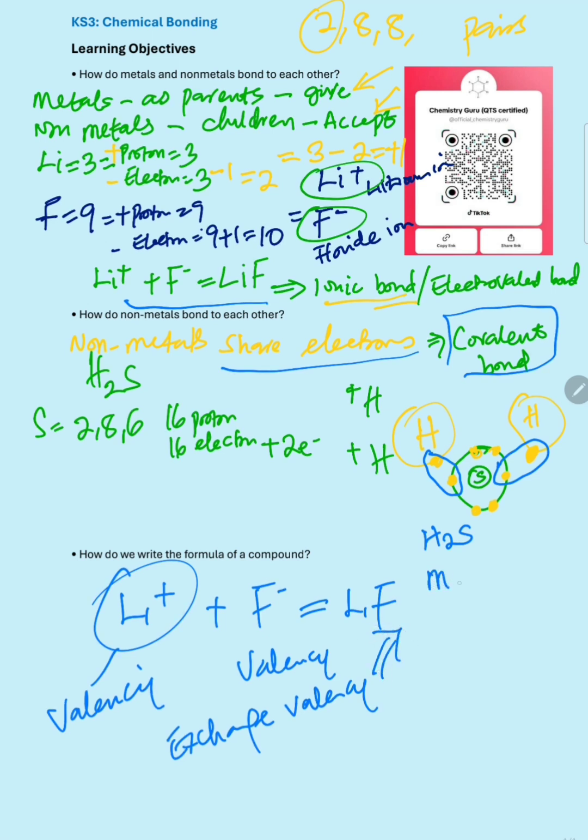So if we have, for example, magnesium and chlorine ion coming together, they are going to exchange valencies. So that will be Mg, we take the +1, and then we have the chlorine taking the +2. So that gives us magnesium chloride.